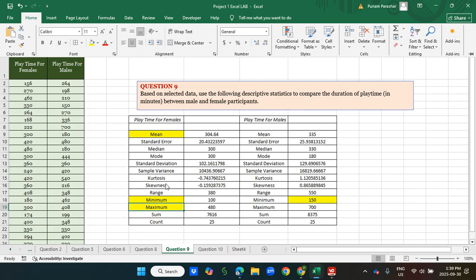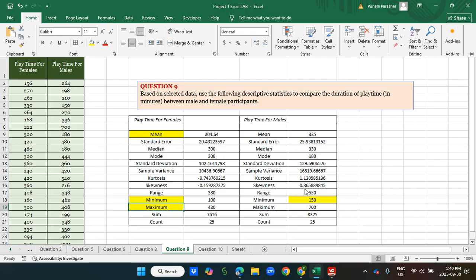Now skewness. If you remember, skewness is whether your data is towards the left side or right side. If most of the values are less than the average, that is called left skewed, or negative skewed.